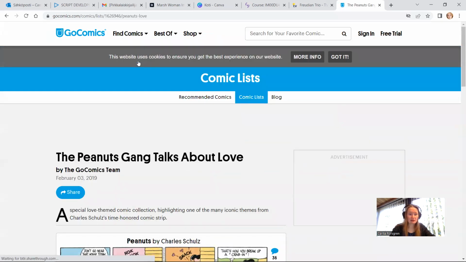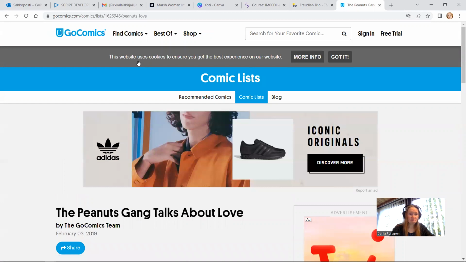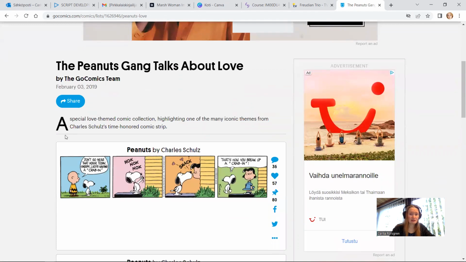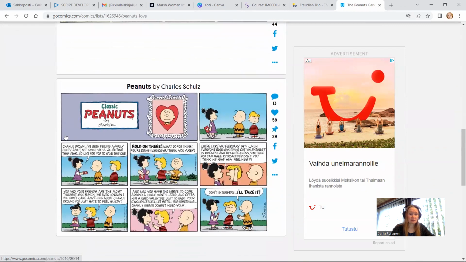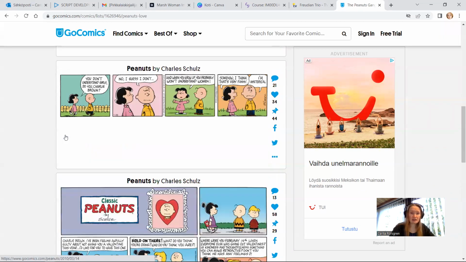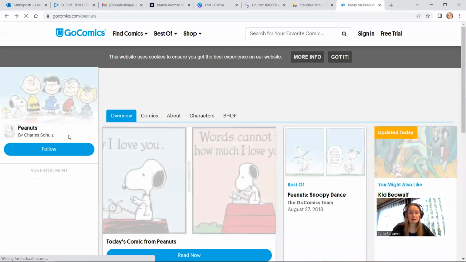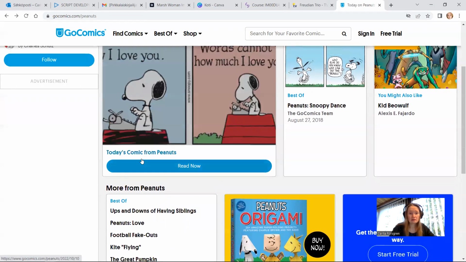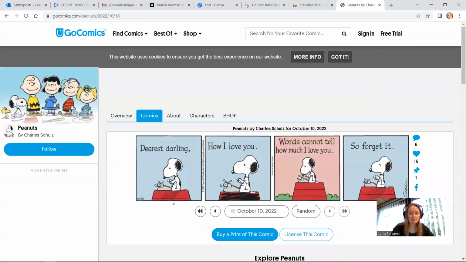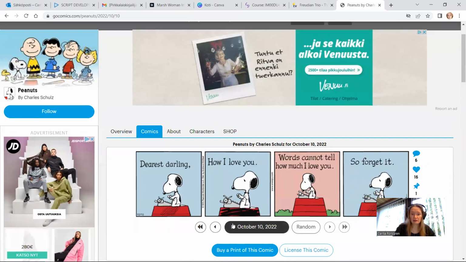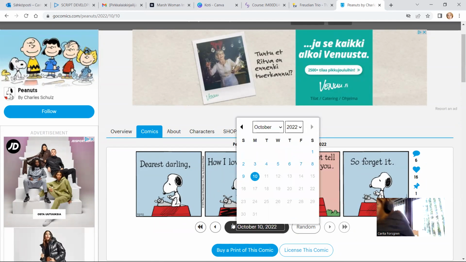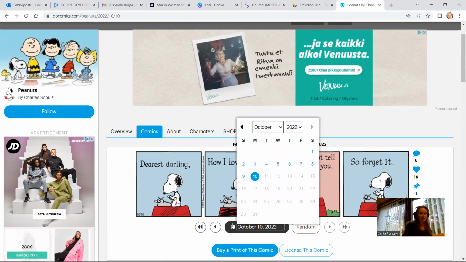Because love is one of the reoccurring themes in Peanuts, because no one is, okay, wait, I think I'll go to the daily strip, and then let's go to, okay, because I did mark one strip out that I will show you. Let's see if I can find it. It's from 1970.